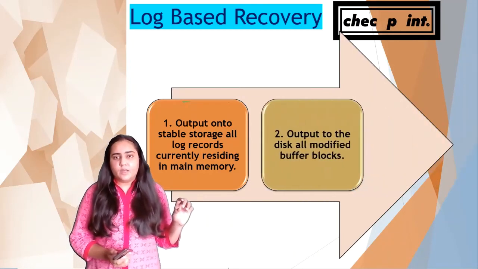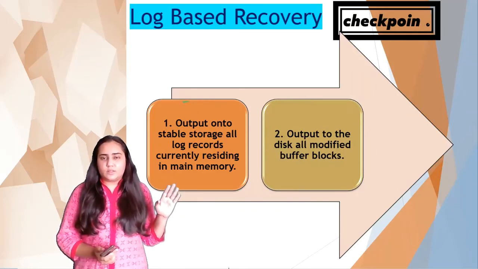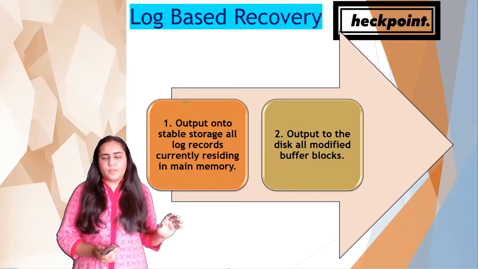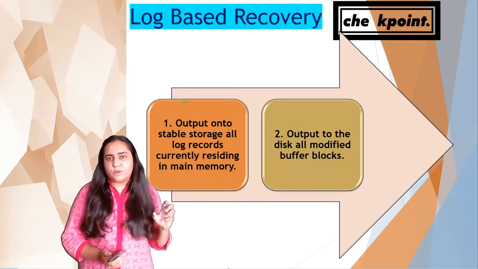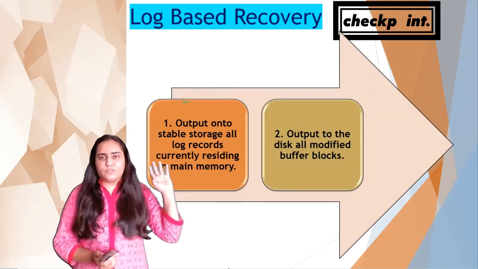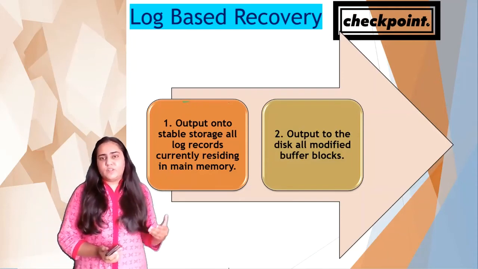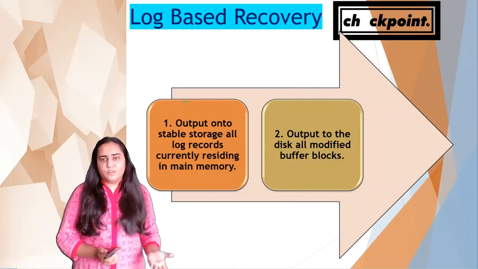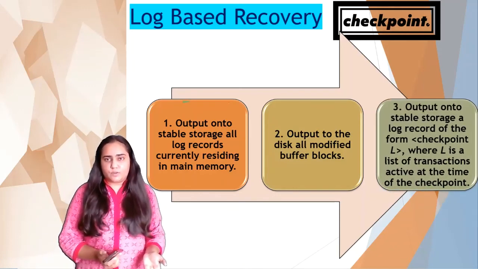Then the second step is you will output to the disk all modified buffer blocks. If you know the database system architecture, you know that there's a buffer. Whatever is there in the buffer which has been modified will then be transferred to the secondary memory.